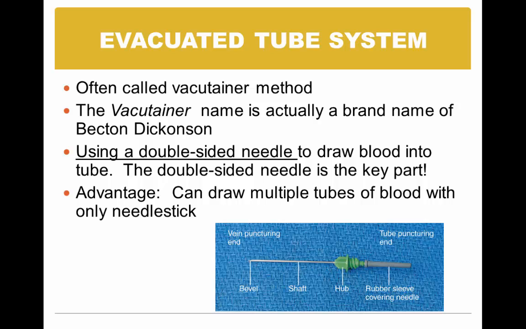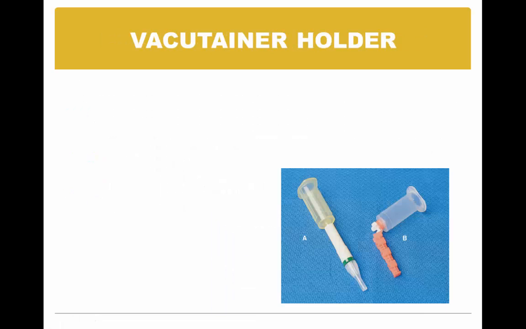You want to make sure that you know the parts of the needle as well. You've got the tube puncturing end that has the rubber sleeve covering the needle. You have the hub, the shaft, and the end of the needle that goes into the arm or into the site is the bevel, and that is the vein puncturing end.